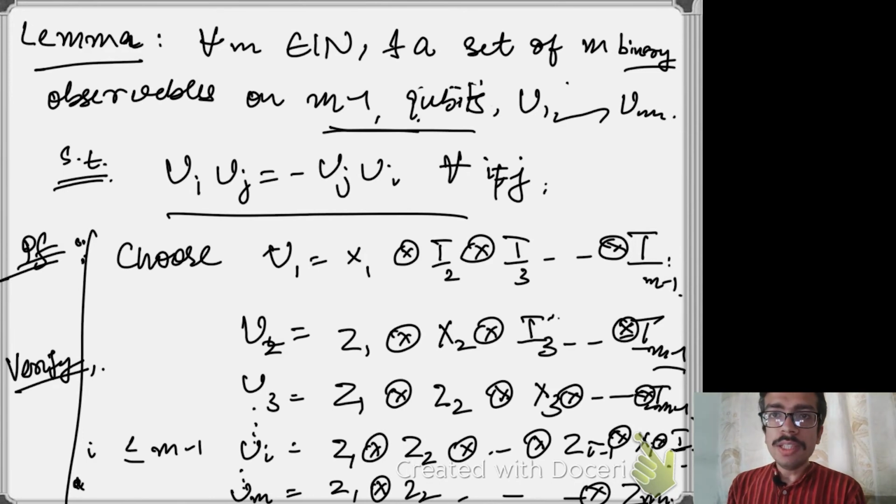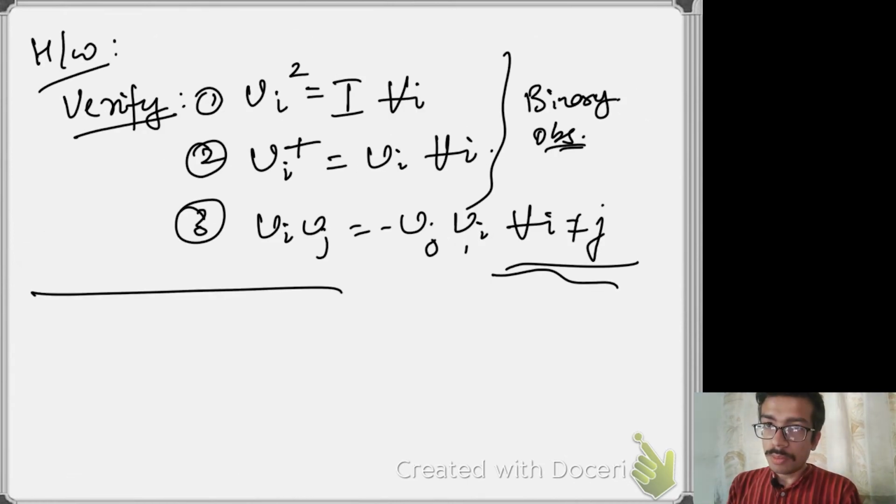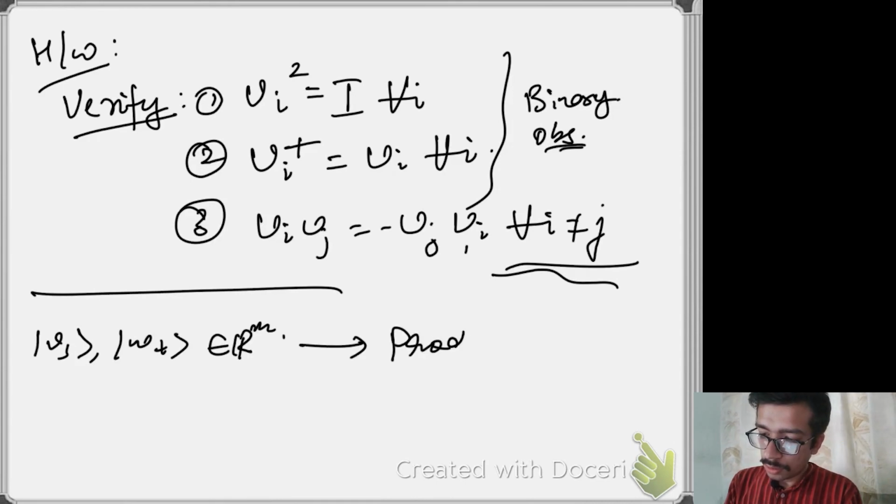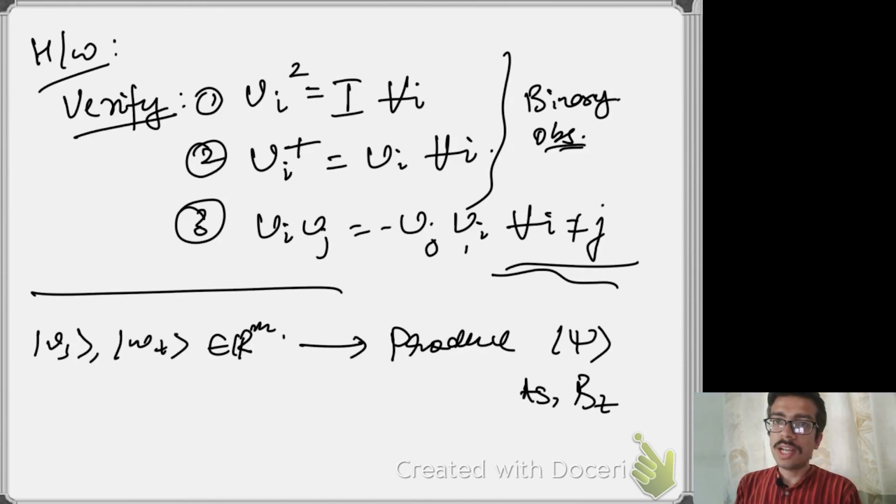Okay, so now given this lemma, what we will do is use these ui's to define our corresponding operators. So how to do that? In order to design a quantum strategy, given Vs and Wt in R^m, I need to produce psi, As and Bt which satisfy the condition that psi sandwiching As tensor Bt has value Vs dot Wt.